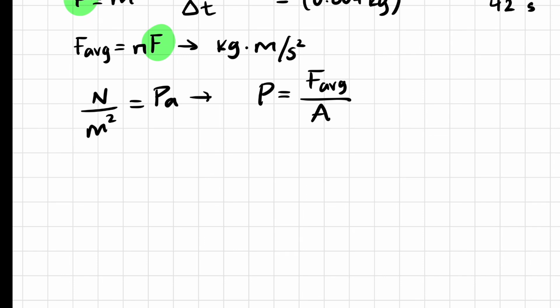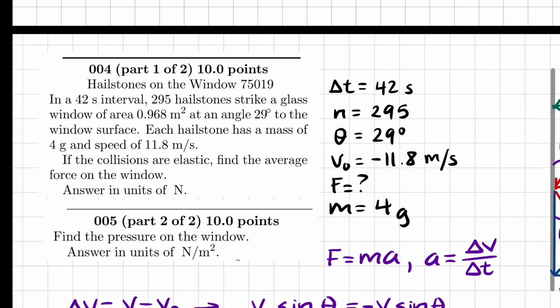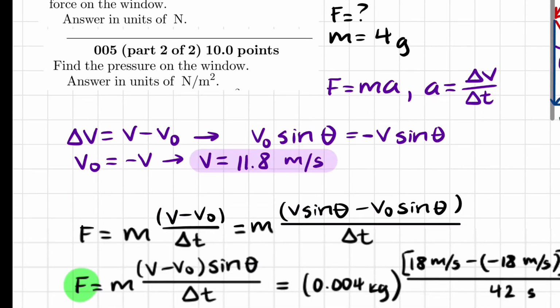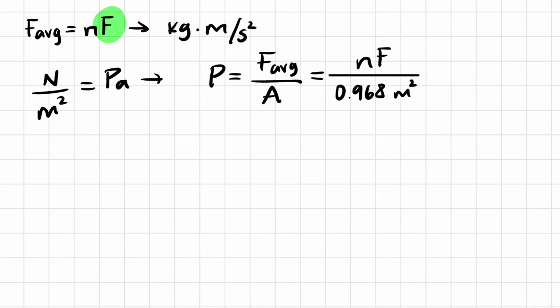So then we know that the area, because I didn't do this problem yet, I would just plug in my expression over here, and I know my area, which for me is 0.968 squared meters, and that'll give you your answer. And that's it.